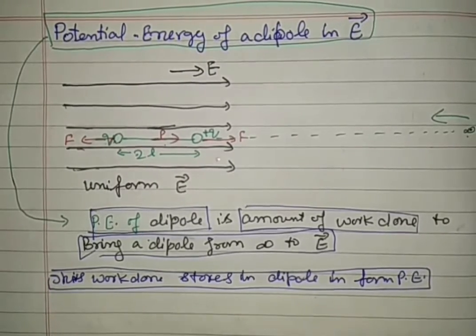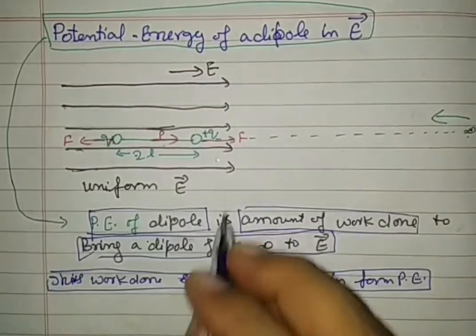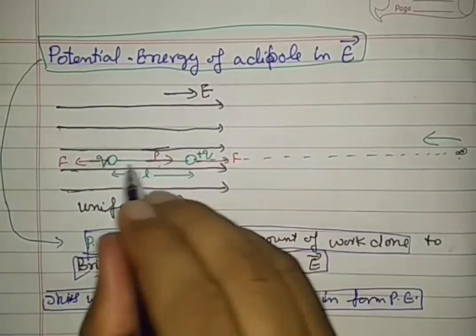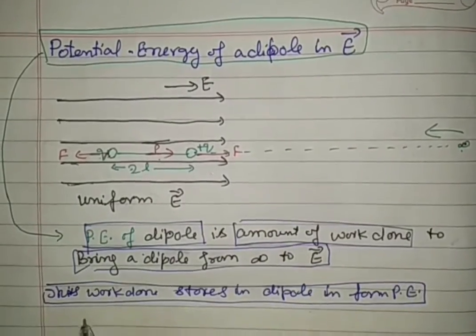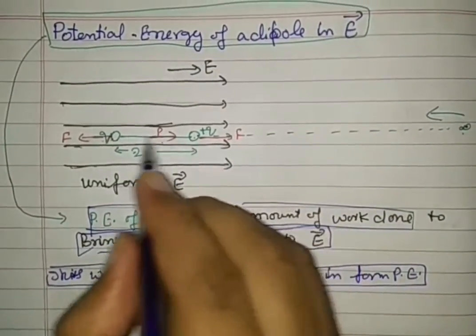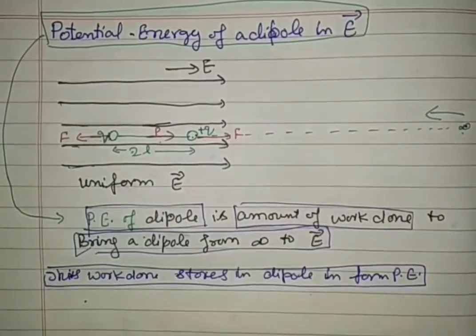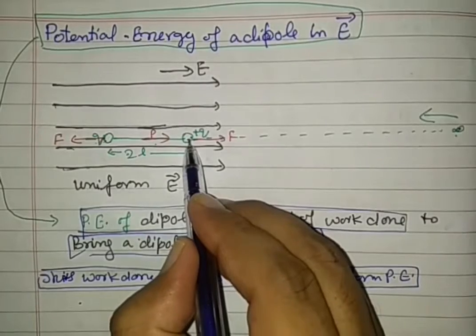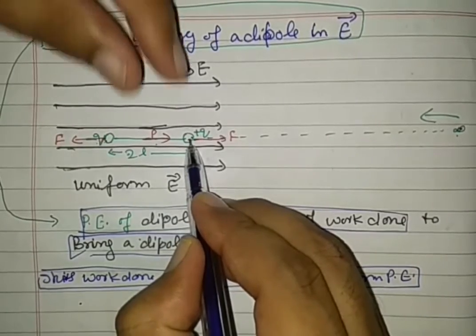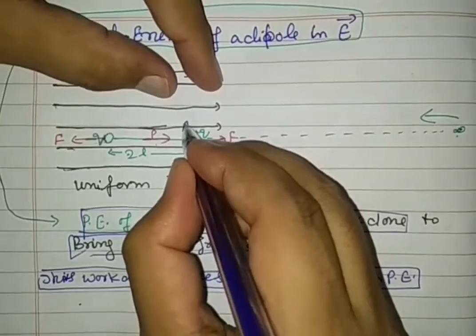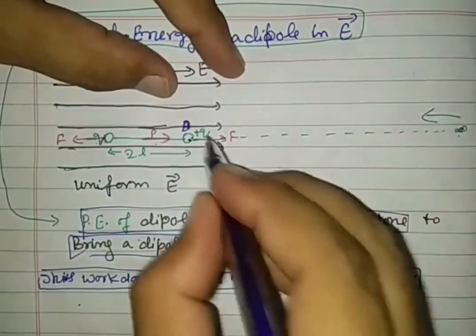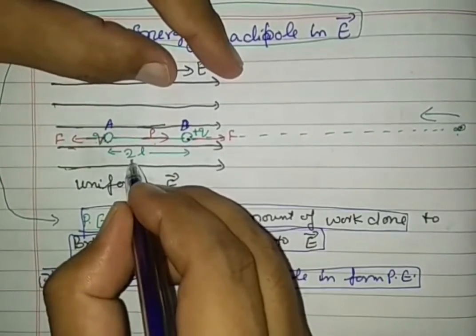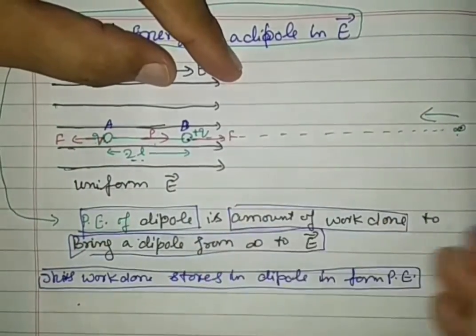It's clear? Now see, when the dipole is brought in, the minus q charge has to travel extra distance. From infinity the positive charge plus q will move to point B, but the negative charge will come to point A. So it will travel 2L distance more than the positive charge.